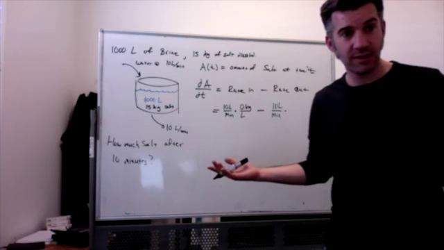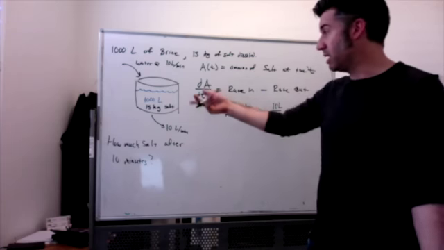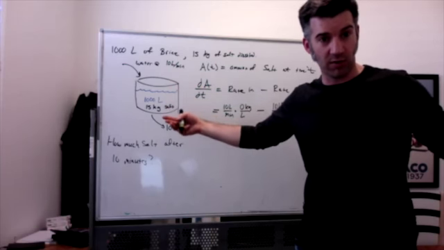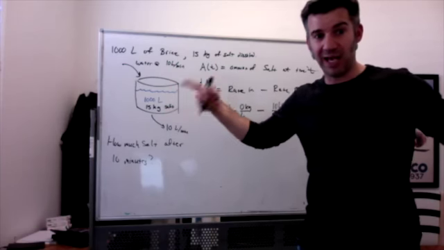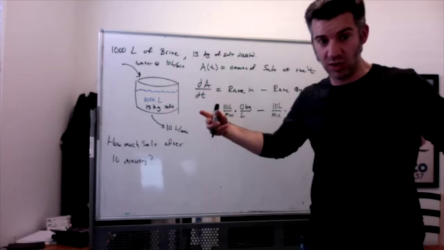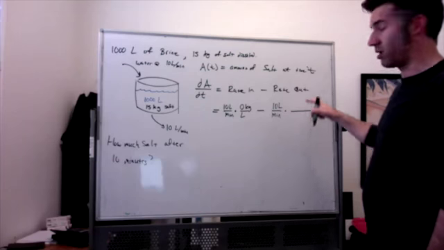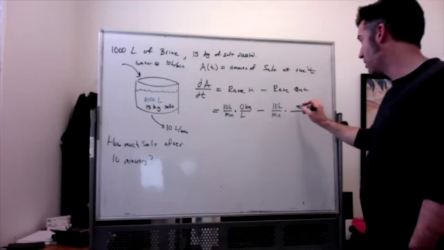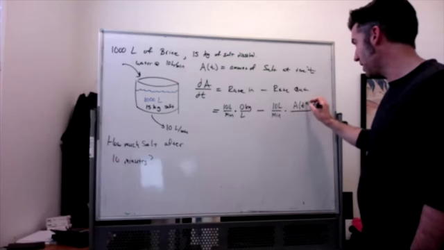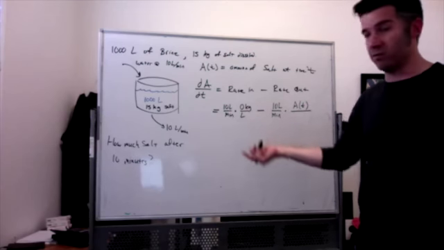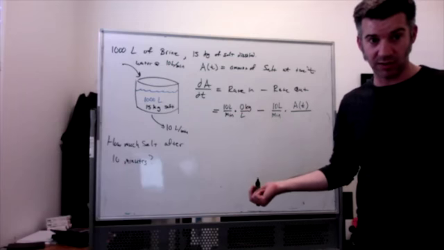it depends. In the beginning, the concentration is 15 kilograms of salt per 1,000 liters of water. But as time goes on, the amount of salt is going to change. And so the way we write the rate out, the concentration going out is the amount of salt in the tank divided by how much volume is in the tank, which is always going to be 1,000 liters.